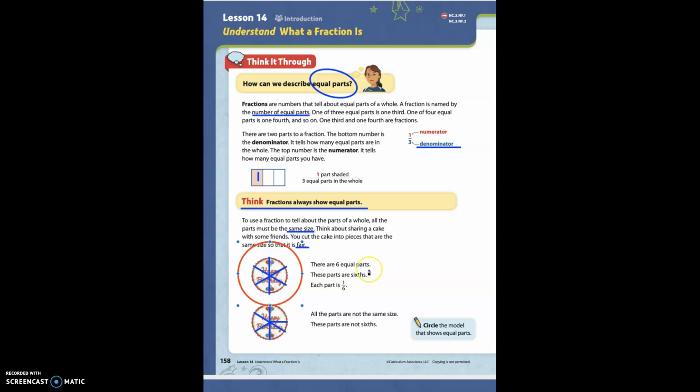Absolutely. There are 6 equal parts. These parts are called sixths. Each part is 1 out of 6 or 1/6. So each part is 1 part. Whoop, it's not going to let me write. There we go.